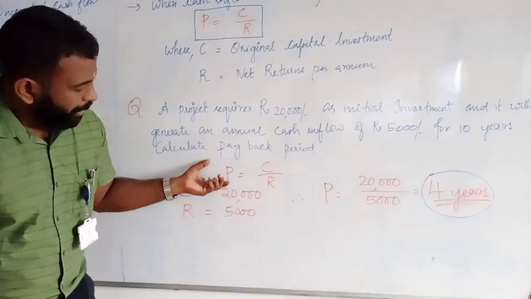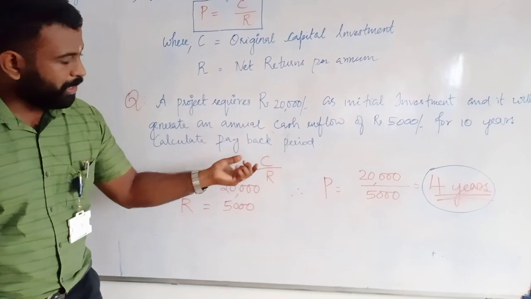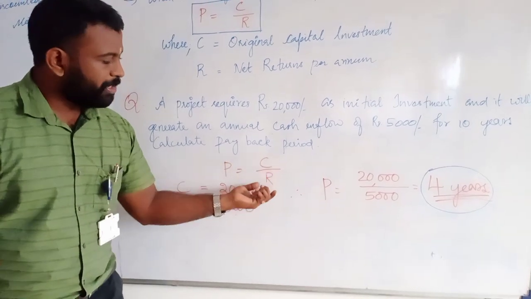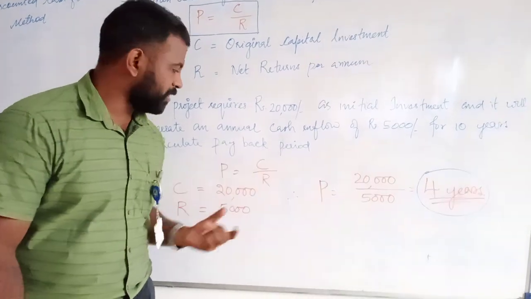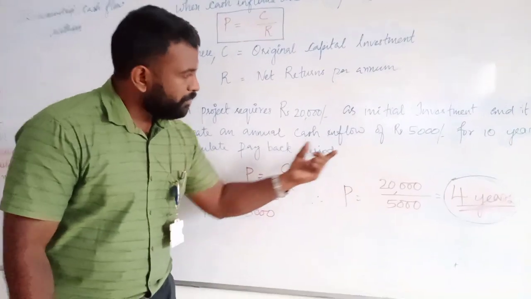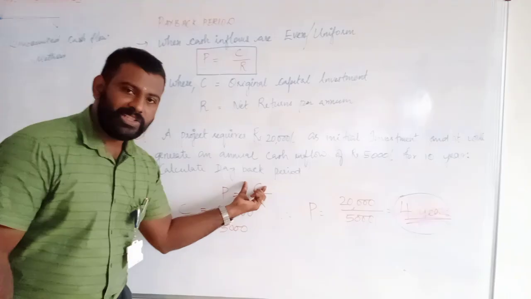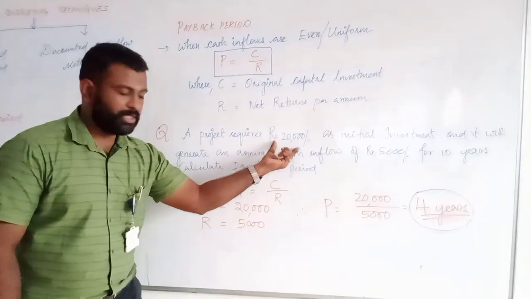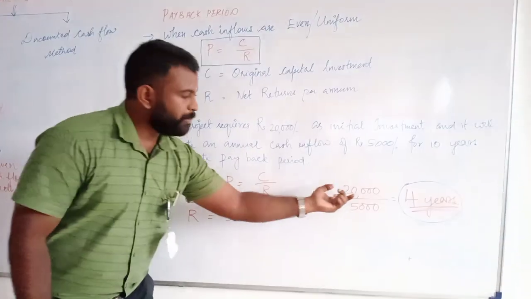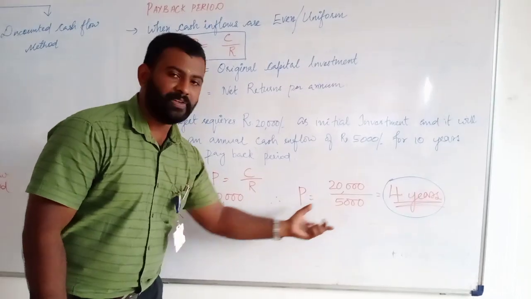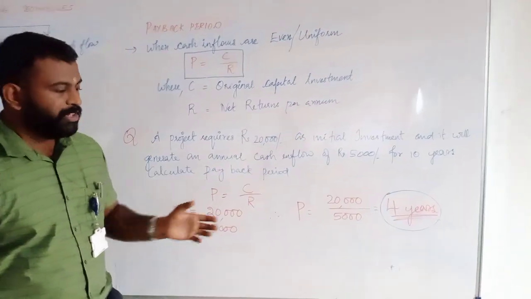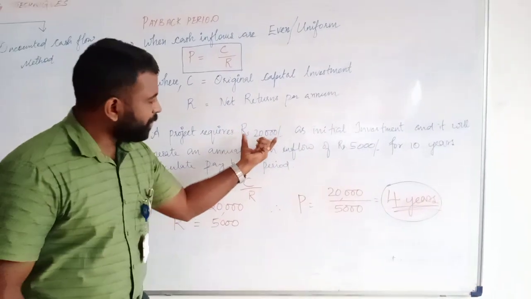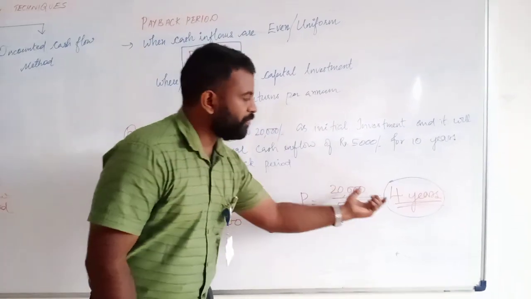Here the payback period in years is calculated by initial investment divided by the yearly return, which is constant. R is 5,000 and C is the initial capital investment, here 20,000. So it is simply 20,000 divided by 5,000, and we get 4 years. If we invest in this project, we can get back the initial investment of rupees 20,000 within 4 years.